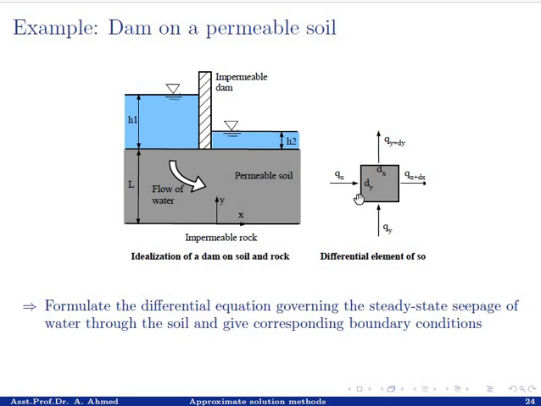Then we can say that the total flow into the differential element must be equal to the total outflow from the differential element, right? So let's say Qx denotes the flow in the x direction at the left end, and Qx plus dx is the flow at the right end. Similarly, Qy and Qy plus dy are the flows at each face in the y direction.